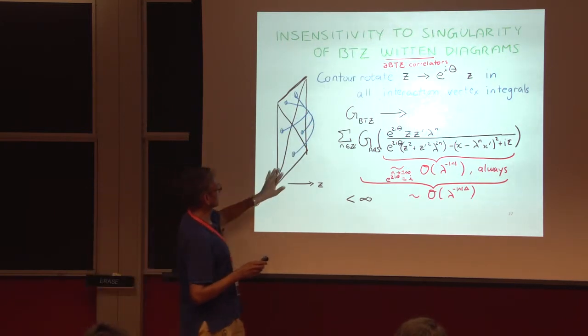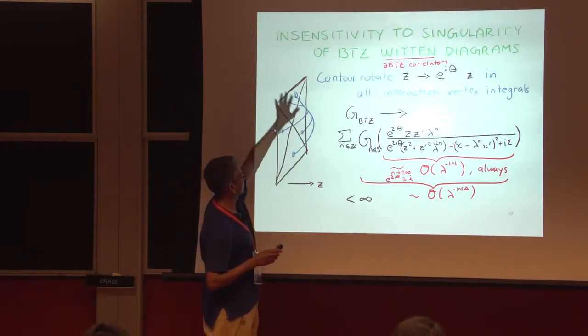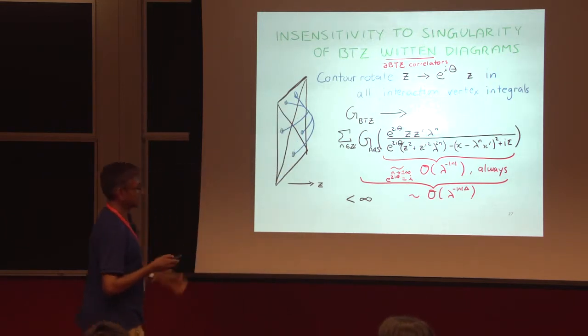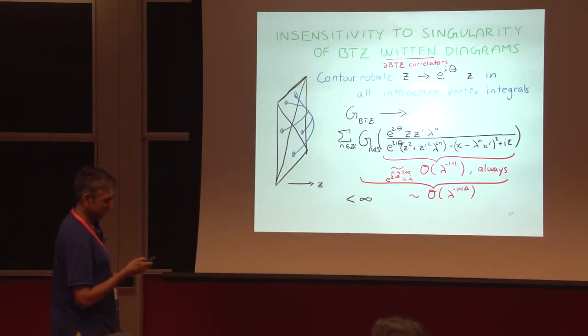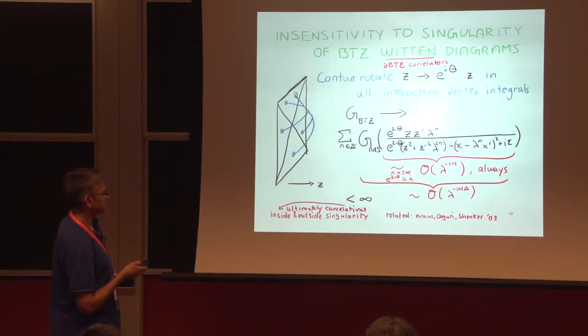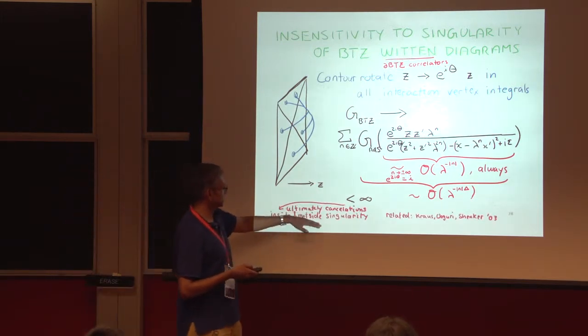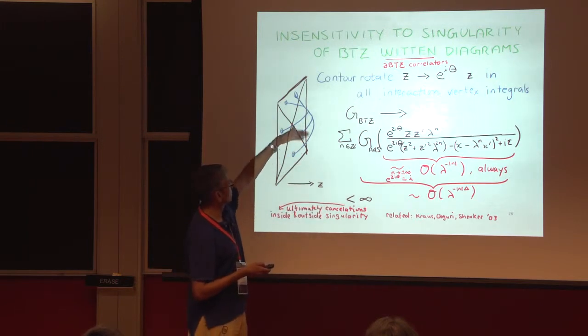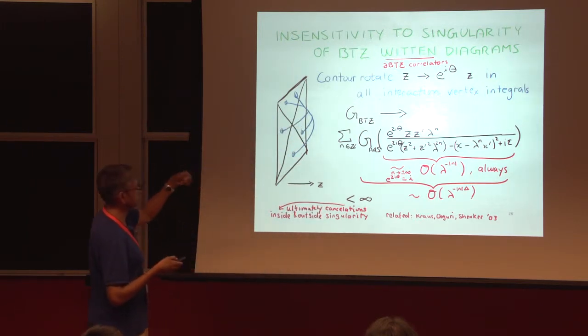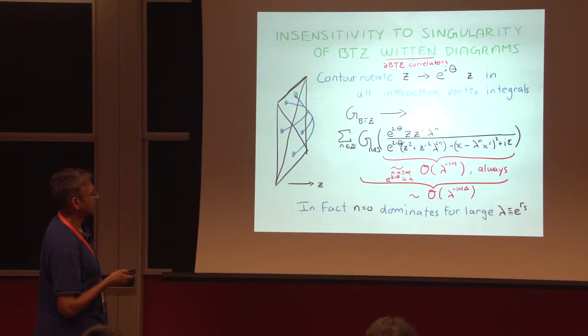But when you're really doing this protected set of correlators, which go from boundary to boundary, then you have this nice feature. Ultimately, it's due to cancellations inside and outside the singularity when you integrate Feynman vertices inside and outside the singularity.